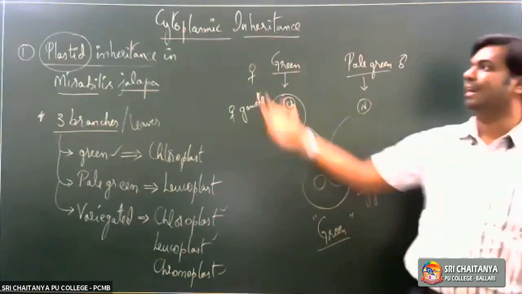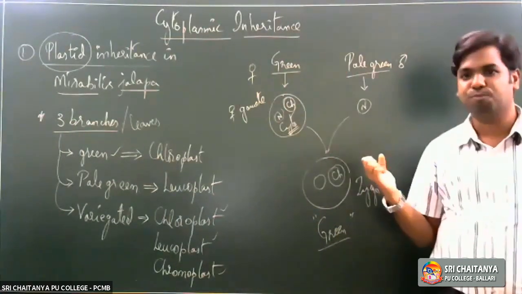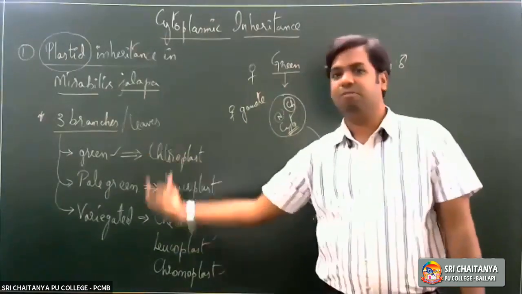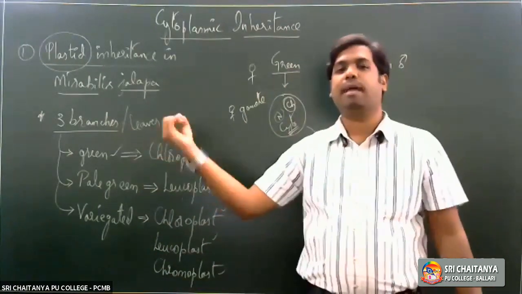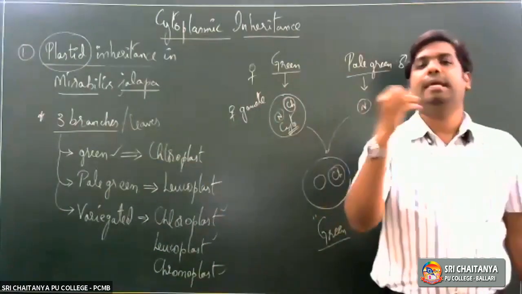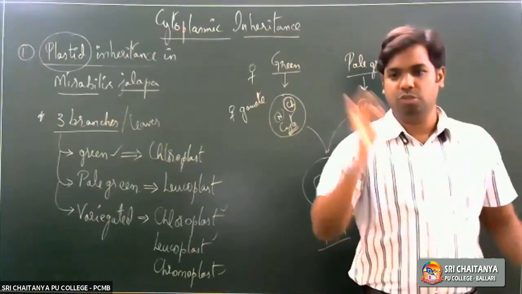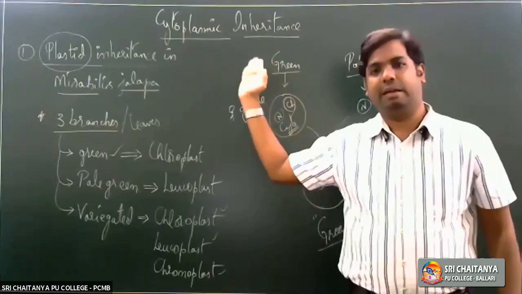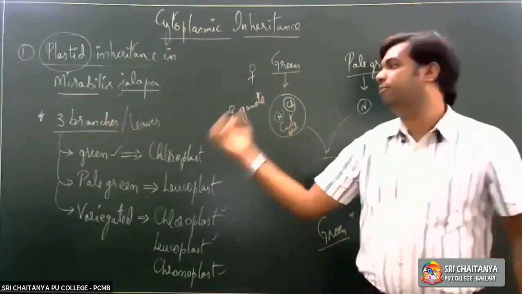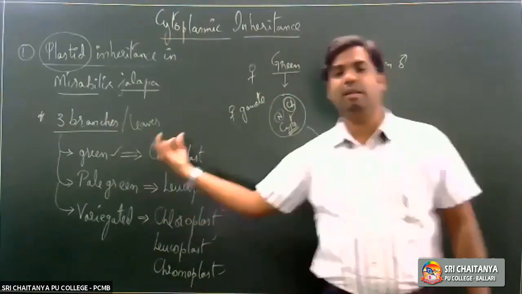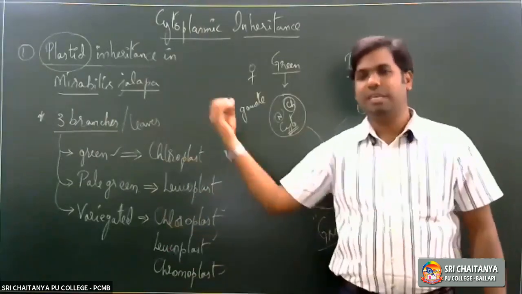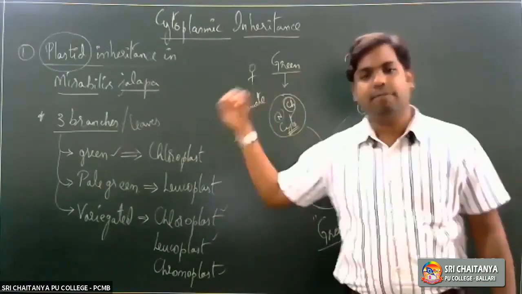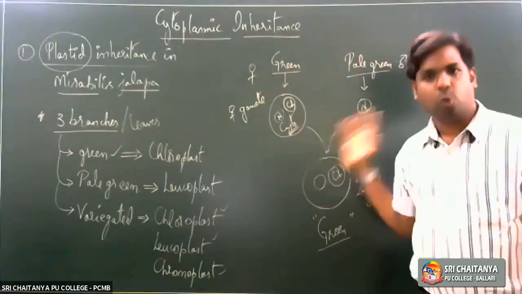This we call cytoplasmic inheritance. So whatever type of plastid is present in the female, the same type of plastid will be inherited into the offspring. You have to be very clear with this. Whenever we talk about cytoplasmic inheritance, whatever type of plastid is present in the female gamete will be inherited into the offspring also.